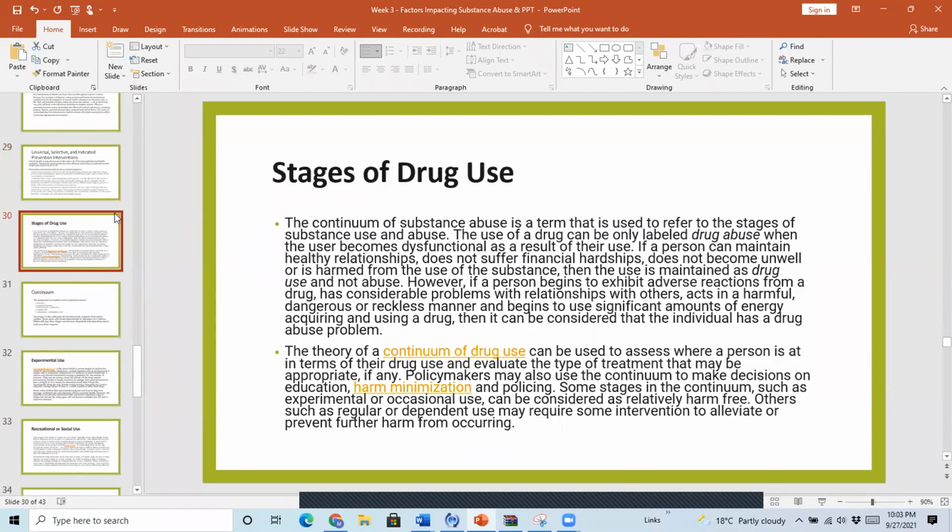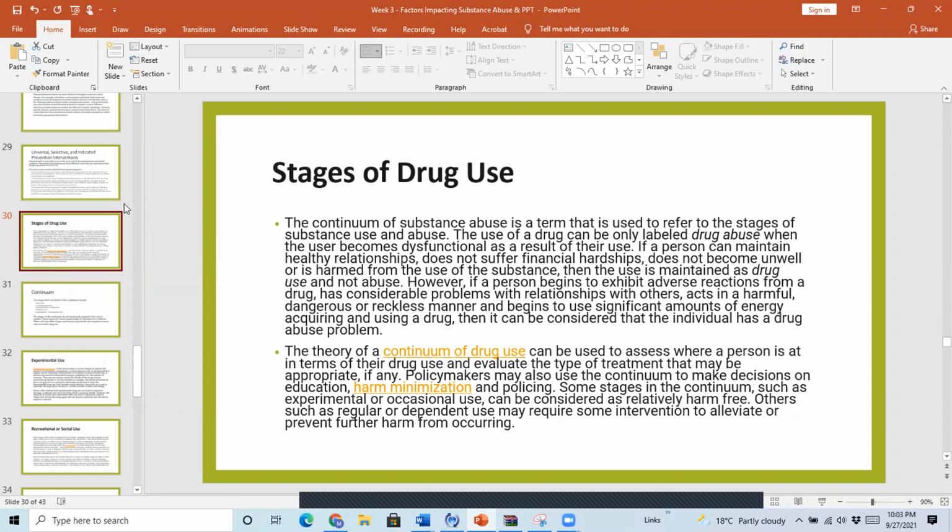Okay. Now there are a couple of stages of drug use. When we talk about the stages of drug use, it also gives you a good idea of how an addiction is developed, right? So there's this theory of a continuum of drug use, where a person will partake in drug use on a continuous basis.